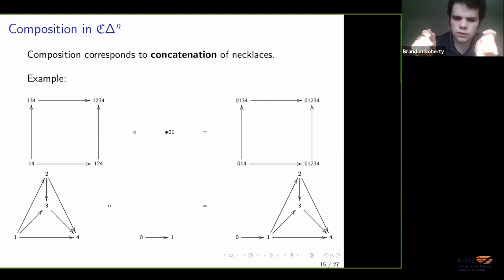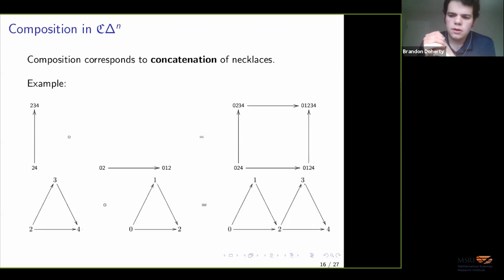So we view this 2 cube as corresponding to a 3 simplex, in this case in delta 4. And the vertex corresponds to a 1 simplex. So this composite is just the concatenation of that 1 simplex onto the left side of that 3 simplex.